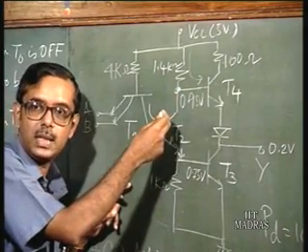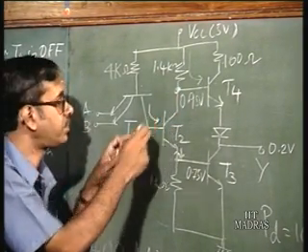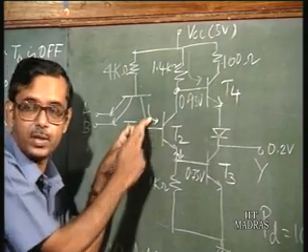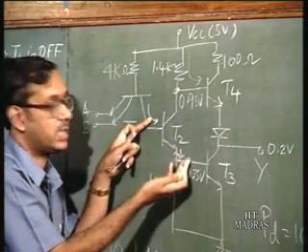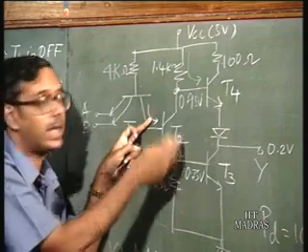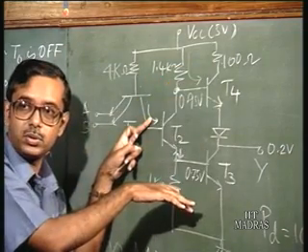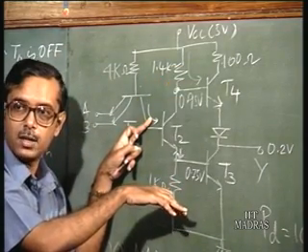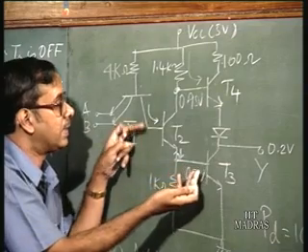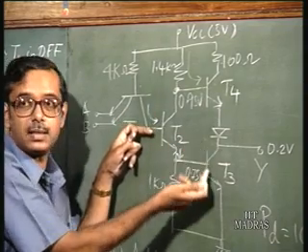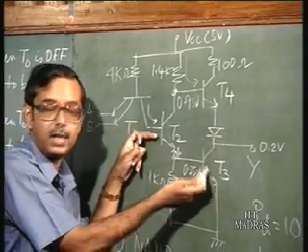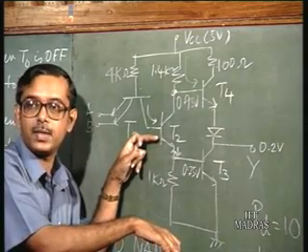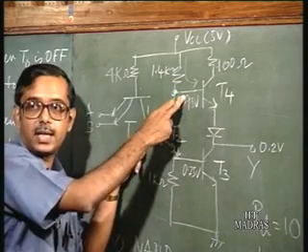So basically when this input is rising, this emitter voltage is going to rise, but the collector voltage is going to go down. So when this emitter voltage rises, it turns on T3, whereas it cuts off T4, because of the negative gain at the collector point.